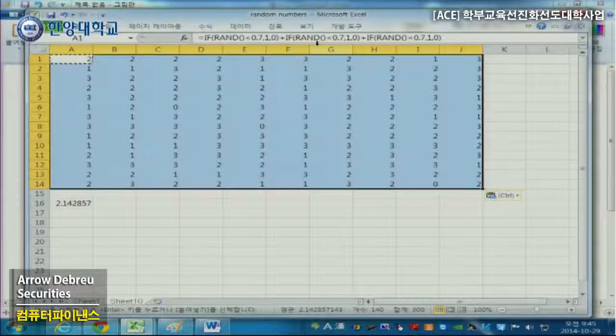Well, this is cool, okay? And now the difficult part. Actually, now let's write down the code, okay? VBA code to generate this random number in Excel VBA.